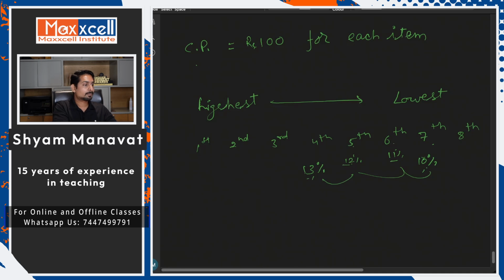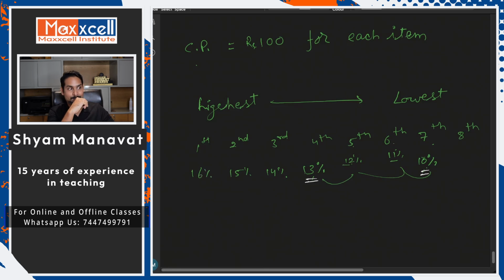So with the fact that the fourth highest is 13% and the seventh highest is 10%, I understand that the common difference should be 1%. It means the third highest should be 14%, the second should be 15%, and the highest should be 16%.